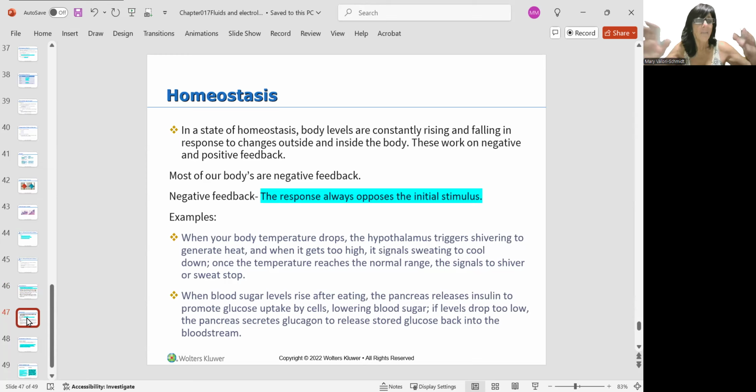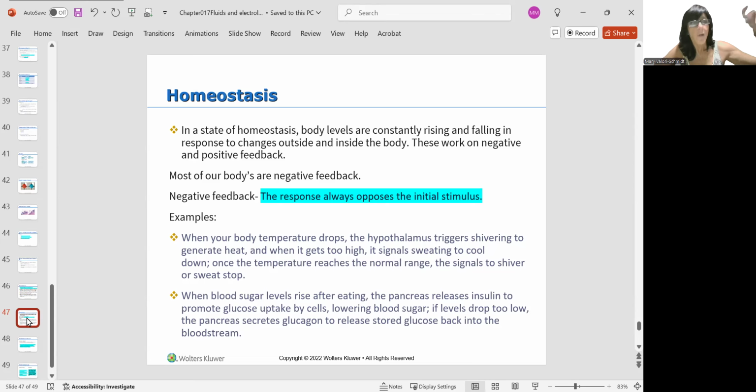There are two ways that our body responds to changes, and they're called feedback loops. There's positive feedback and there's negative feedback. Most of the systems in our body work on negative feedback. Negative feedback means that there's a stimulus and a response that goes against the stimulus.